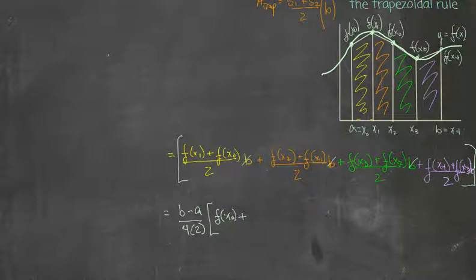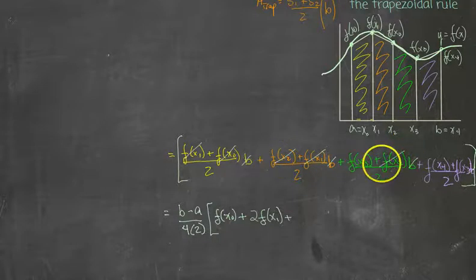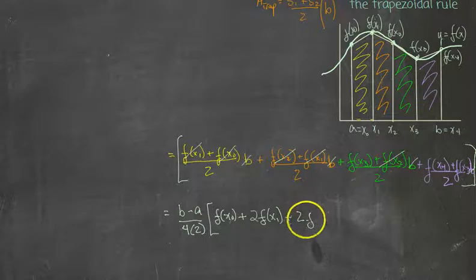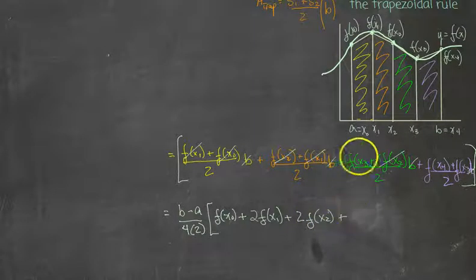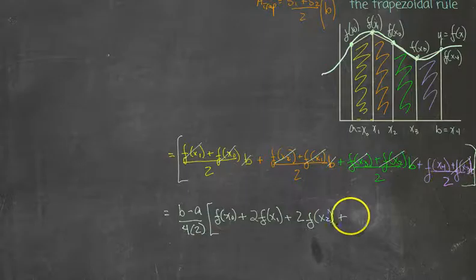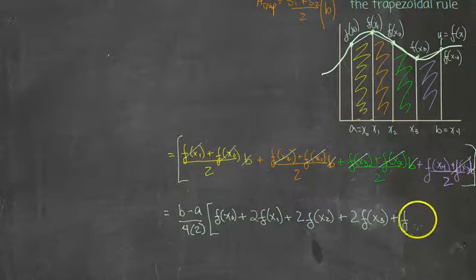So I've got 2, by combining like terms, f of x1s, plus f of x2, and I have another f of x2, so that's 2 times the f of x2, plus 2 times the f of x3, plus, there's only one f of x4 left.